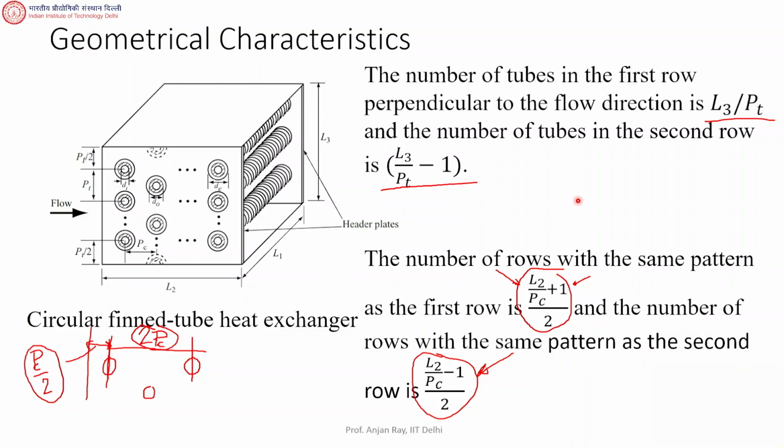Now, number of rows with the same pattern as the first row. So how do I do? This is one row. This is the first row. So the third row will have the same pattern as the first row. So the number of such rows, which are like the first row, that's this. Can you check this one?